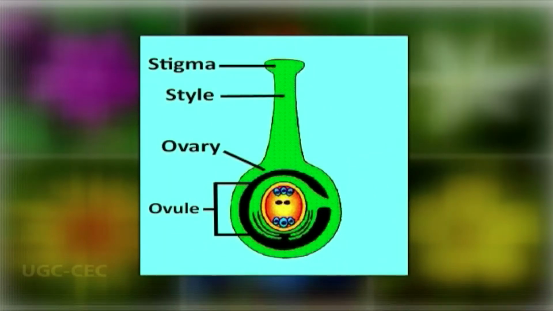The style is a pillar-like conduit allowing the pollen to grow to the egg cell and deliver the sperm. The style of a pistil is the tube-like portion between the stigma and the ovary. It can be either long or short. In some cases, the style is responsible for self-incompatibility, causing pollen tubes to fail to germinate.